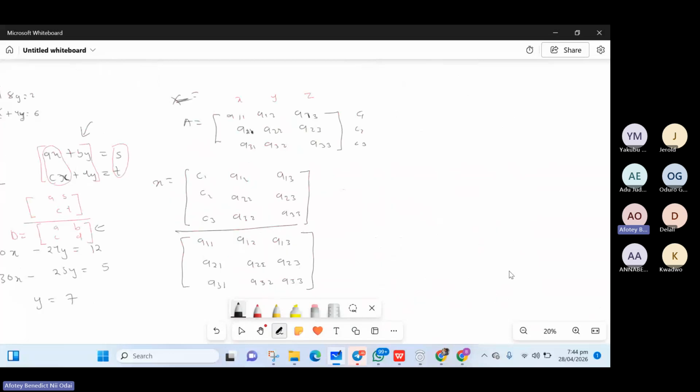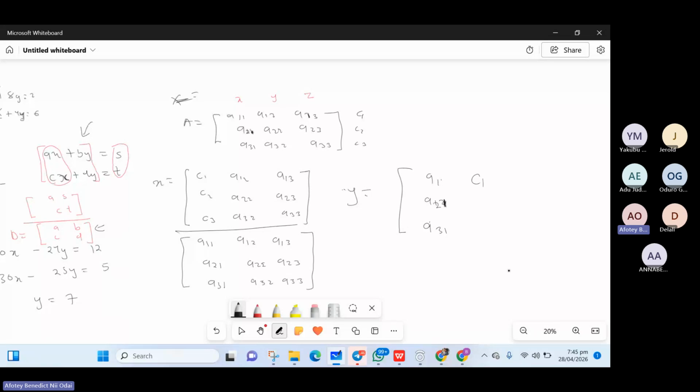To find y, we use the formula, what? A11, A12, sorry, let me use the... now we replace all the entries in the y section with what?